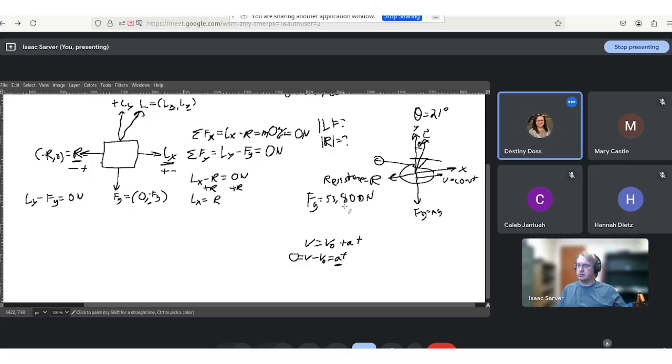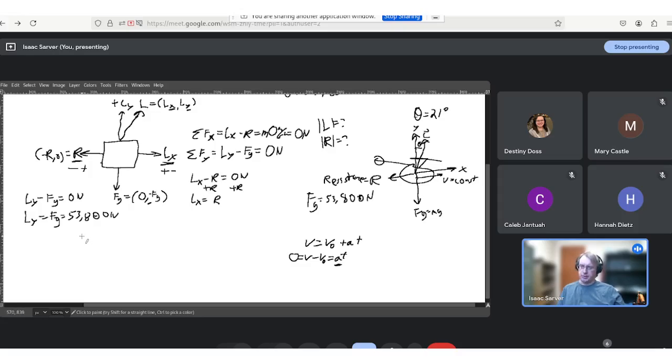So what does that mean that Ly is? Solve this for Ly. We add Fg to both sides, and we get that Ly is equal to Fg. So we know what that is: 53,800 newtons.